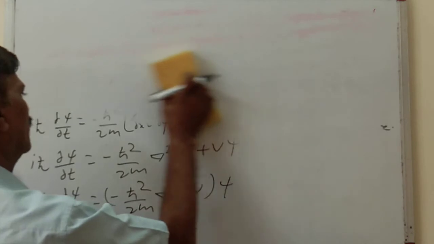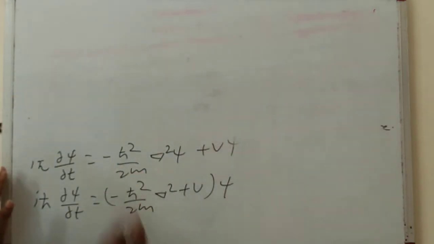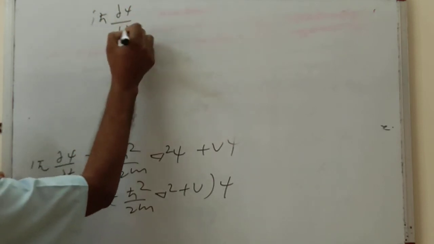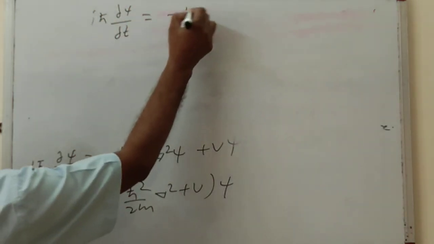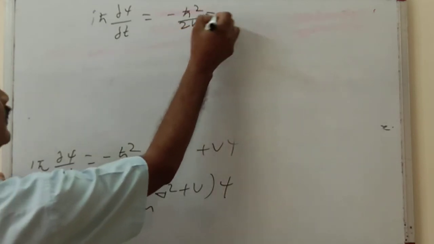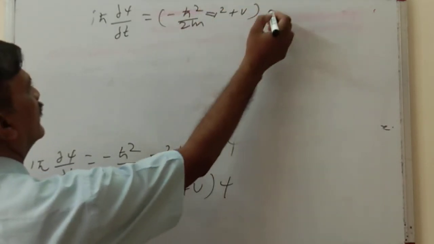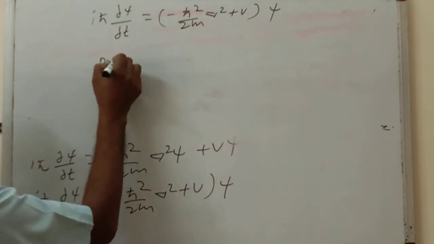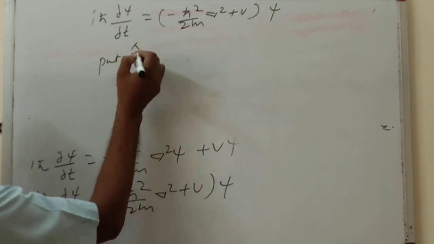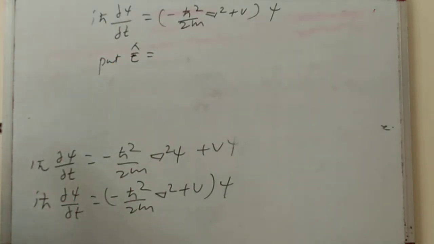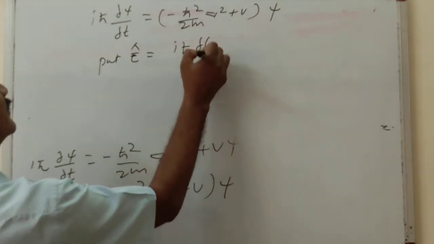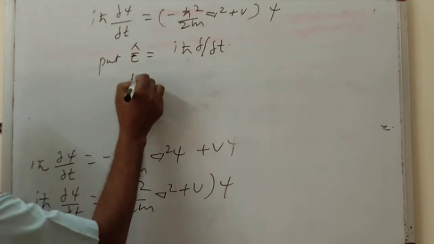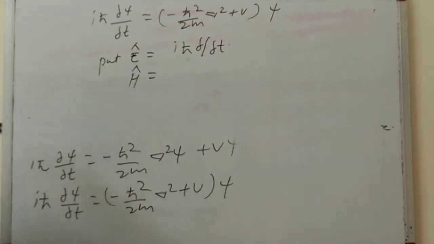Here it is iħ ∂ψ/∂t equals minus ħ² over 2m ∇² plus V, acting on ψ. Here put capital E, that is, the energy operator is nothing but iħ ∂/∂t.